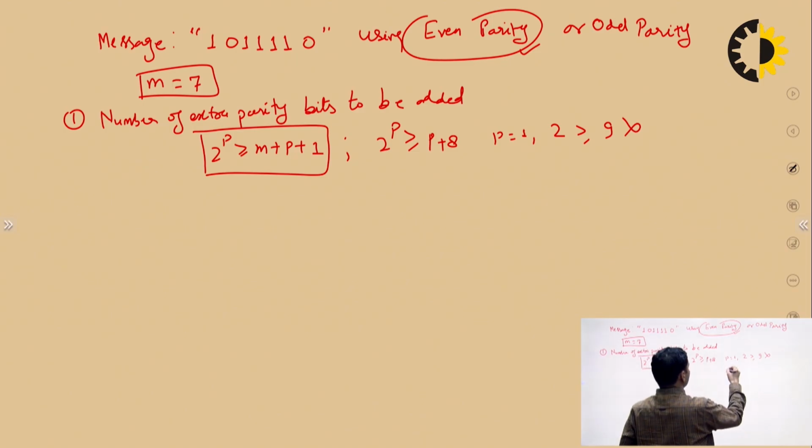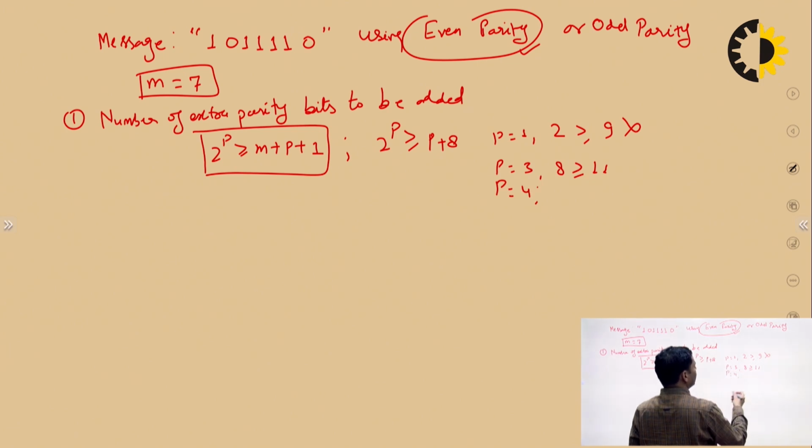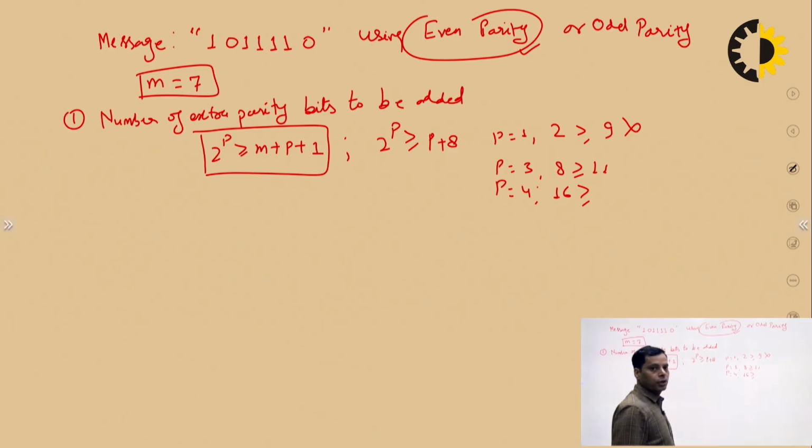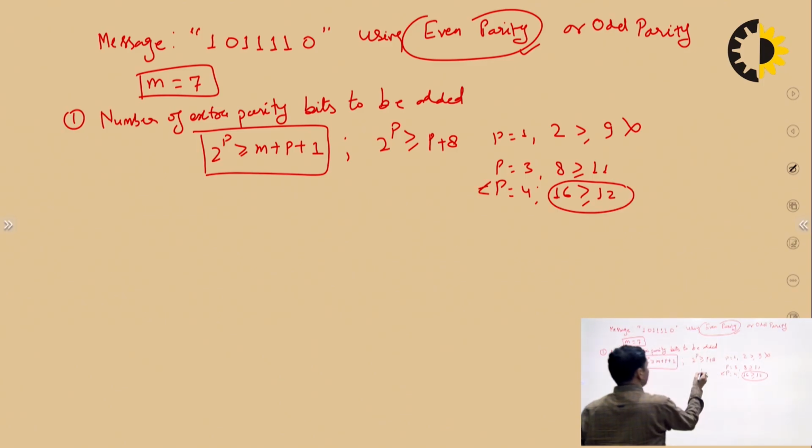In case of p equal to 3, 2 raised to the power 3 is 8, which should be greater than or equal to 11. It is not acceptable. So now we choose p equal to 4. In that case, 2 raised to the power 4 is equal to 16, which is greater than or equal to 8 plus 4, 12. Now this will satisfy. So we choose p equal to 4 here.